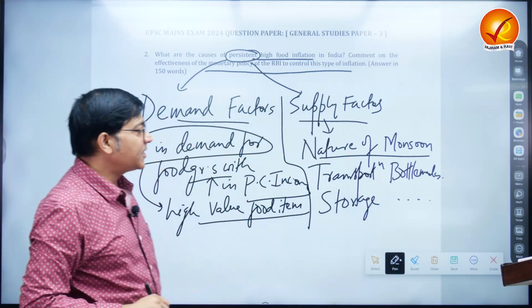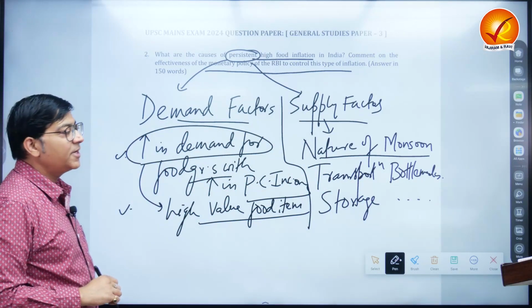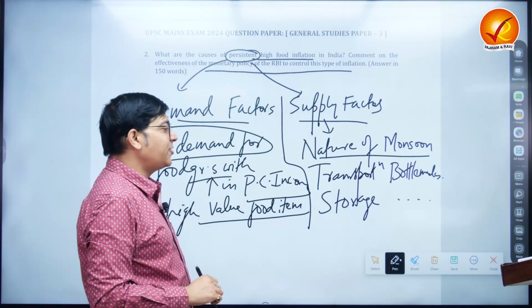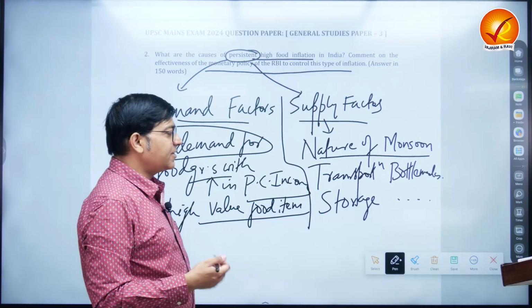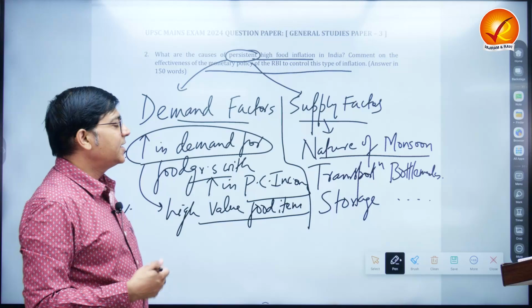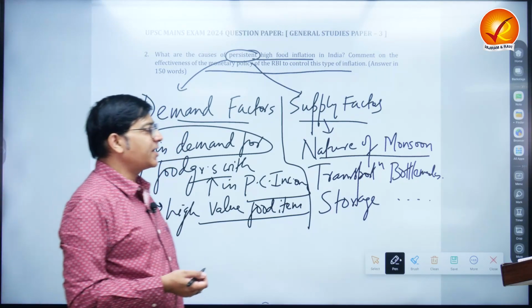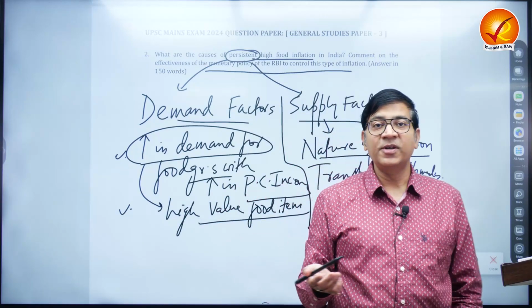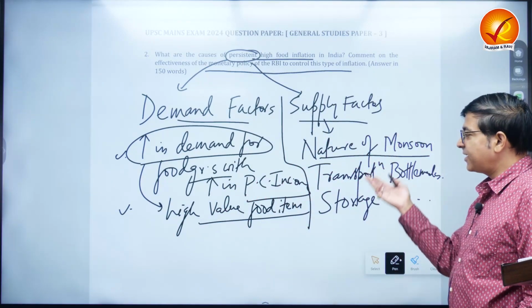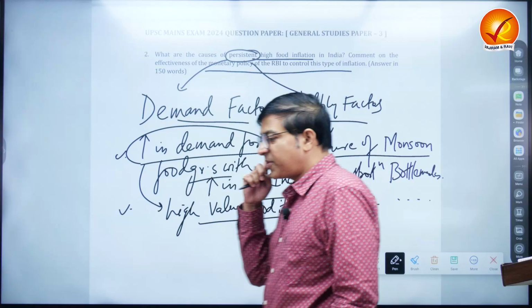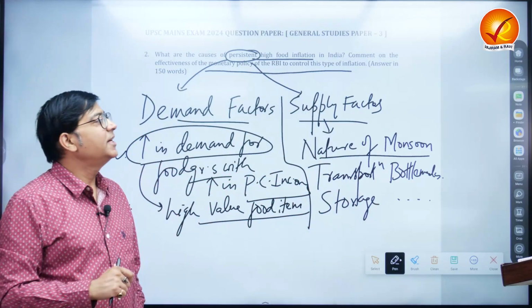If storage infrastructure in agriculture is not good enough, the inflation is likely to be very high. So you can quote all these things: transportation, storage, the other infrastructure related to agriculture, like marketing also. Agricultural marketing basically includes everything: transportation, storage, sale, mandis, etc.